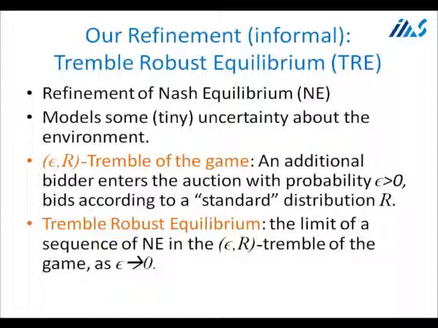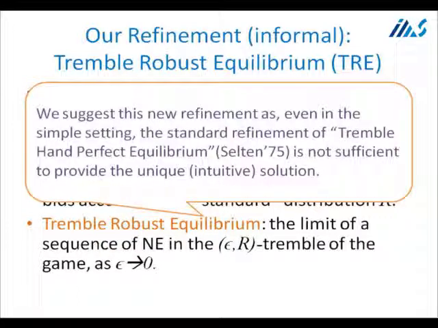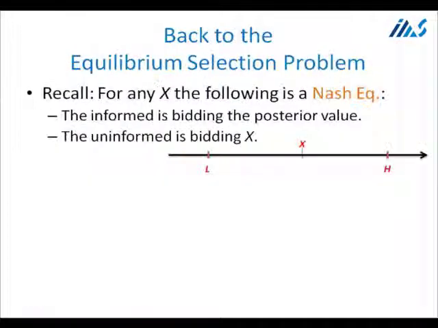Maybe before we go back to the example, I'll just point out that we need this new solution concept because the other ones that we've tried, like iterative elimination of dominated strategies or trembling hand perfect equilibrium, don't work. They don't give us the unique solutions that we want in this simple setting.